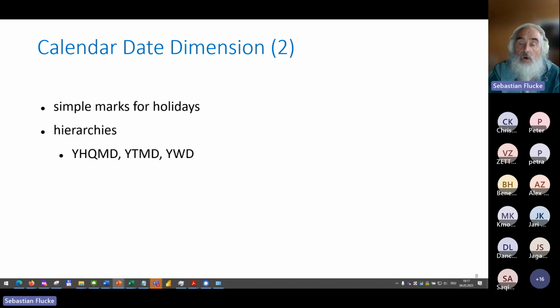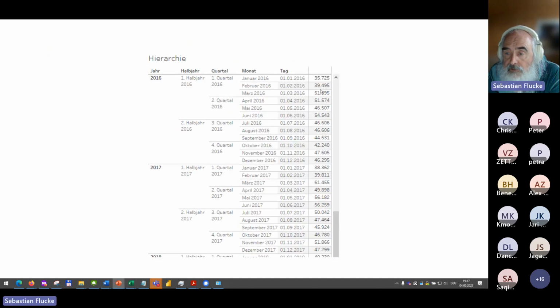I don't know how important dealing with weeks is in other areas of the world. Okay, here's also a short sample: year, half year, quarter, months, some days as a sample and some values here, only to illustrate the topic of hierarchy.